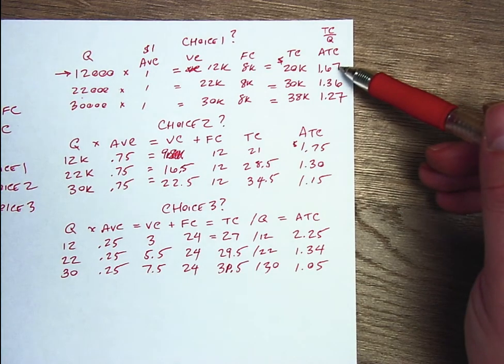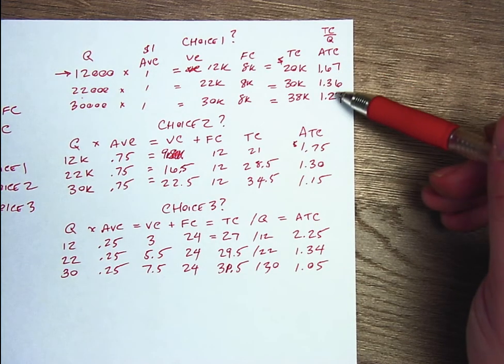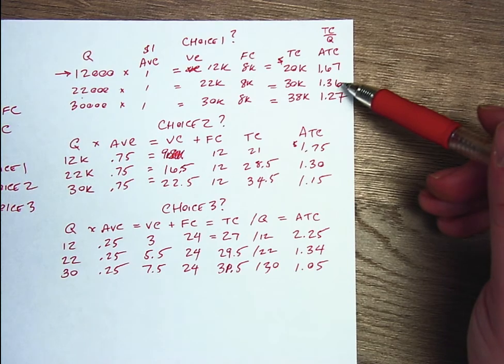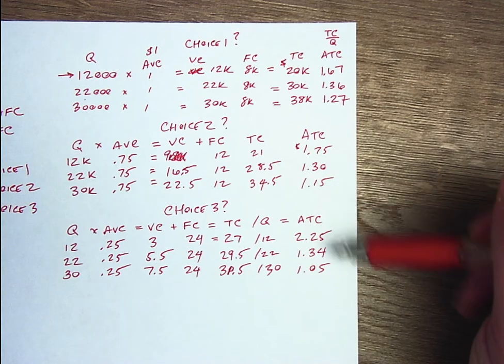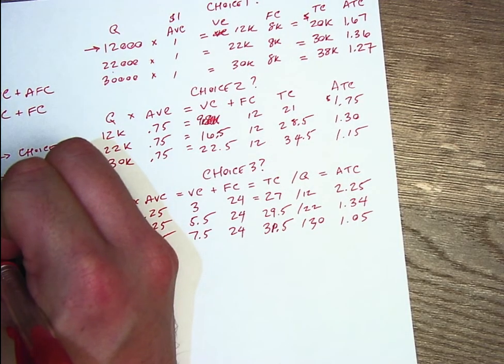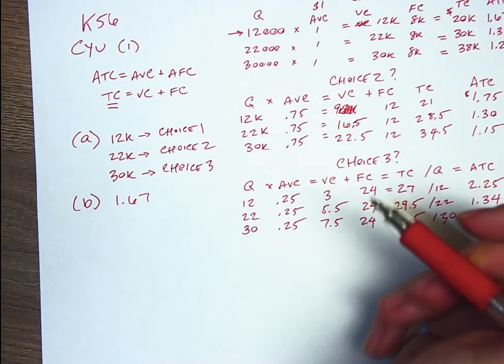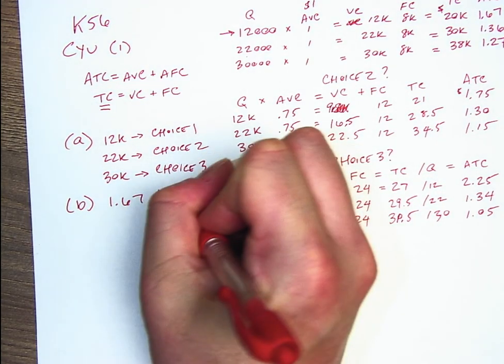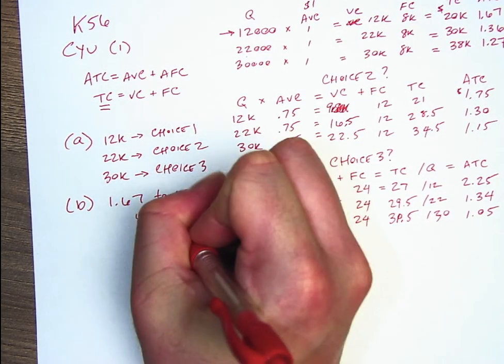But when they ramped up production, it would reduce the ATC to $1.36 in the short run, right? Because they couldn't switch choices in the short run. So they'd go from 167 to 136 in the short run.